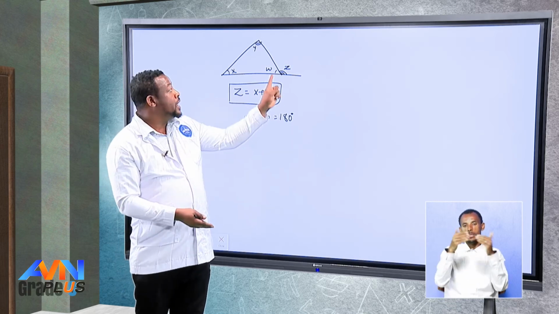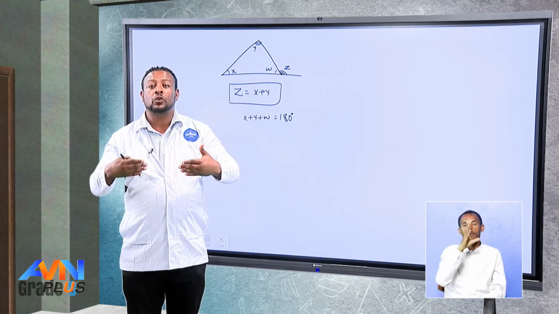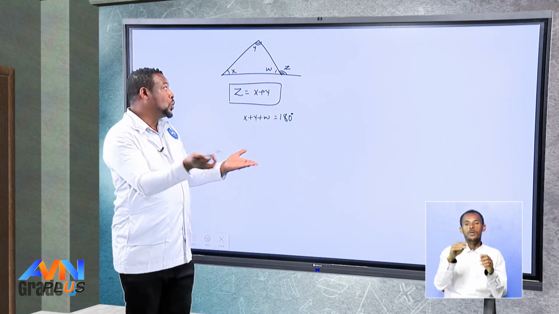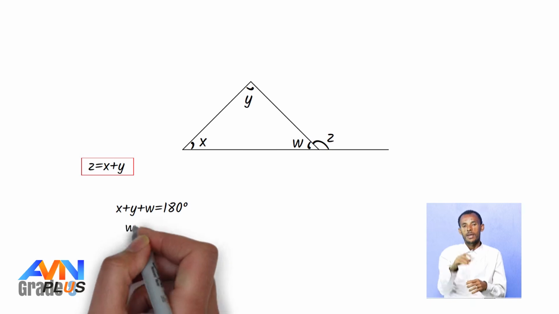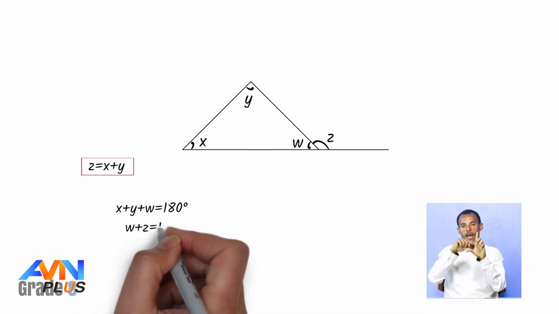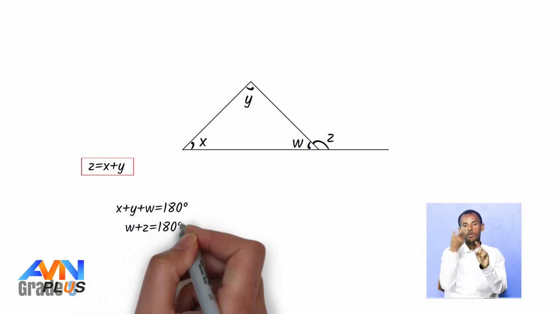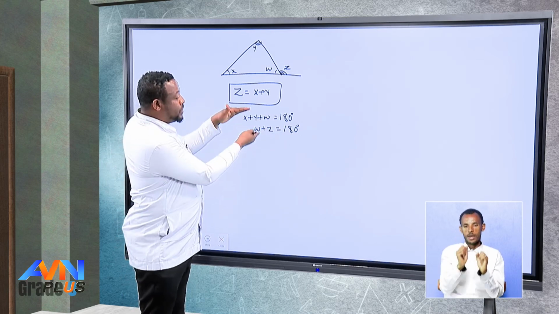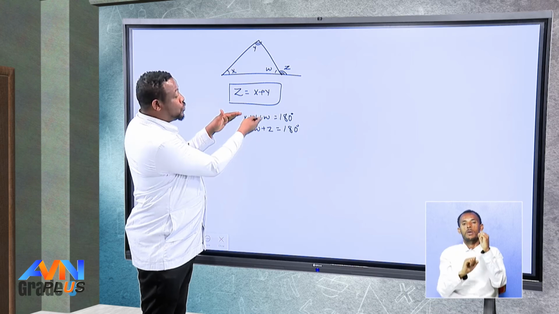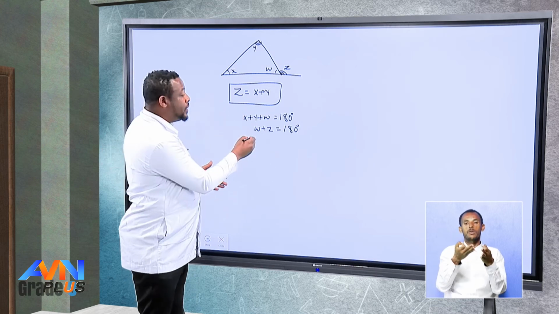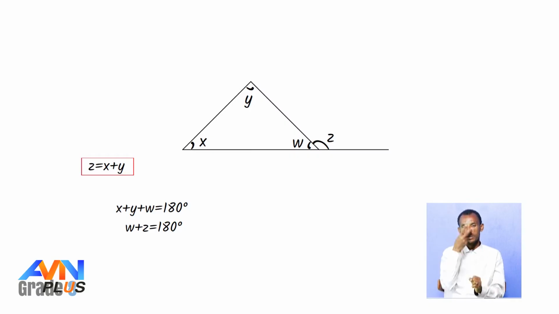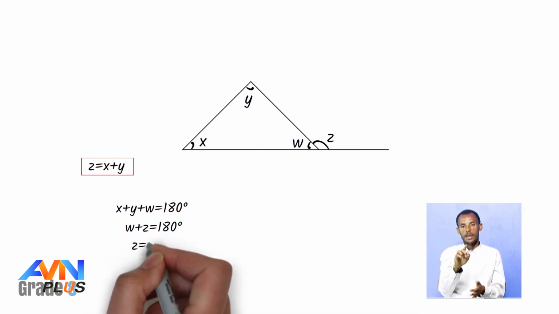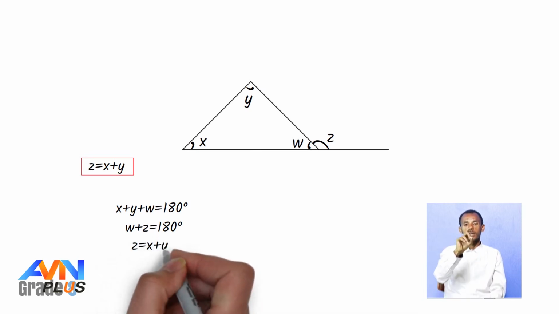The other thing, w and z together form a straight angle, so any straight angle is 180 degrees, right? From these two, by comparing these two expressions on the left side, you can see that z is x plus y.